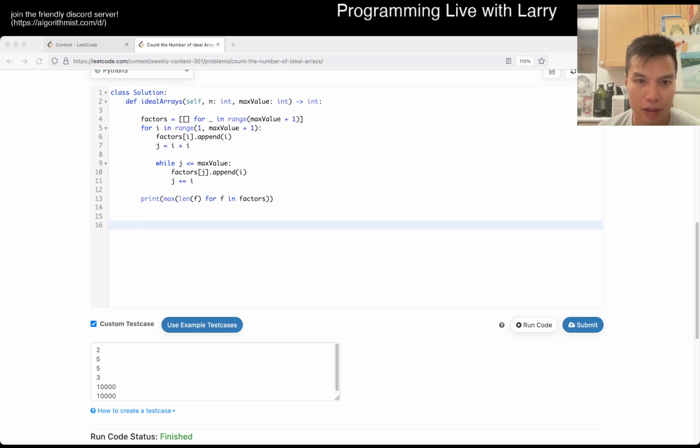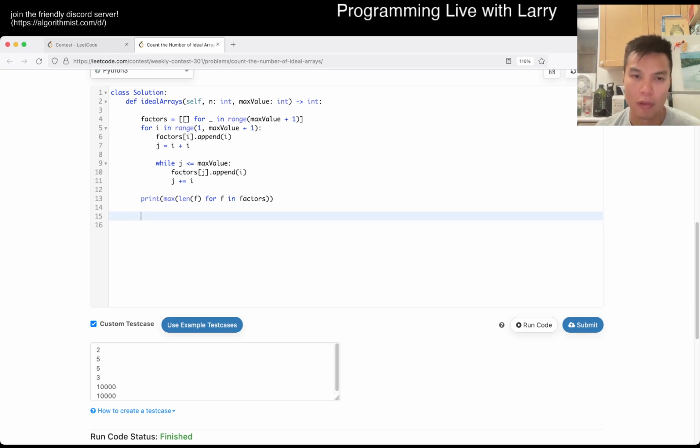Actually, I don't know that I know how to do this part. Or rather, I don't know how to tie them together. Like, how do we know how many paths there are?